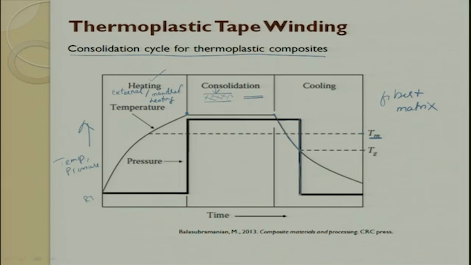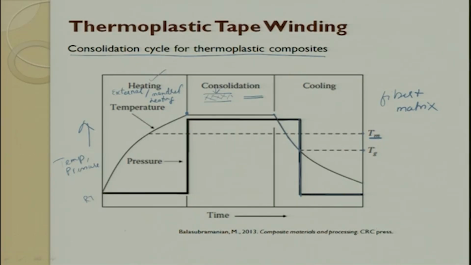The pressure is removed, and finally the pressure is 0, but slowly it is allowed to cool, either in the die or in the open atmosphere, whatever it is, so that it gets properly consolidated.